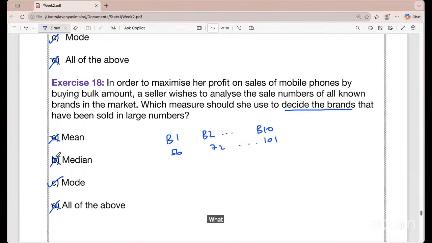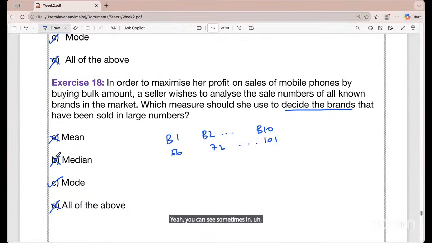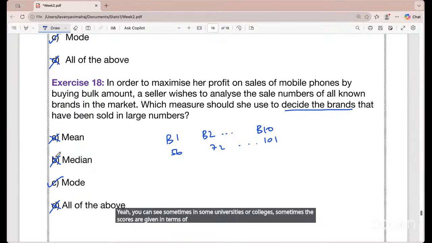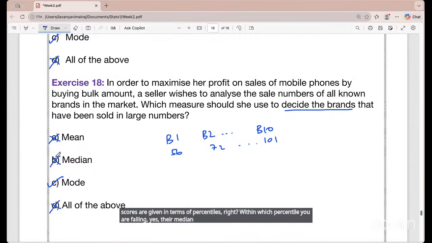What is it going to give you? Ma'am, if we are taking the median score of the marks which were given. Yeah, sometimes in some universities or colleges, the scores are given in terms of percentiles, right? Within which percentile you are falling, there the median comes into play, correct?